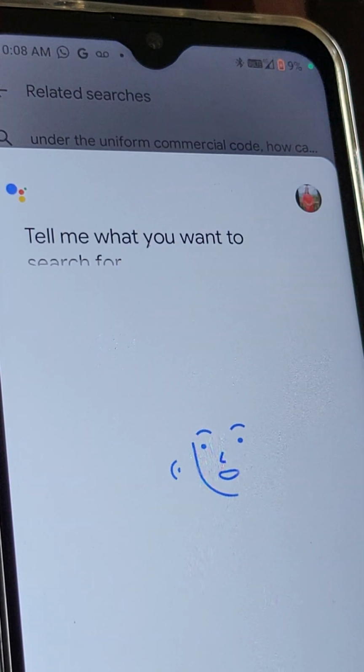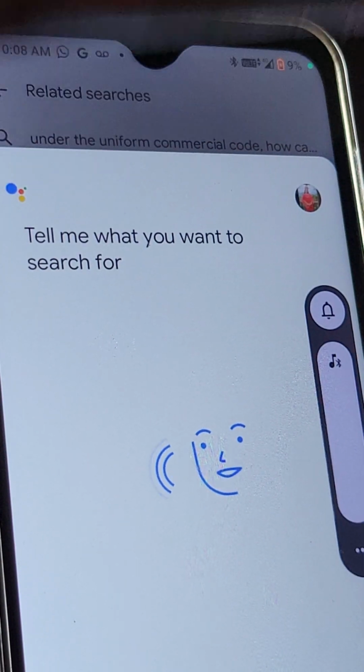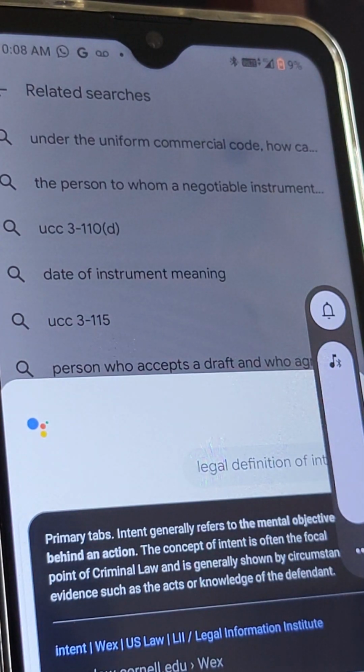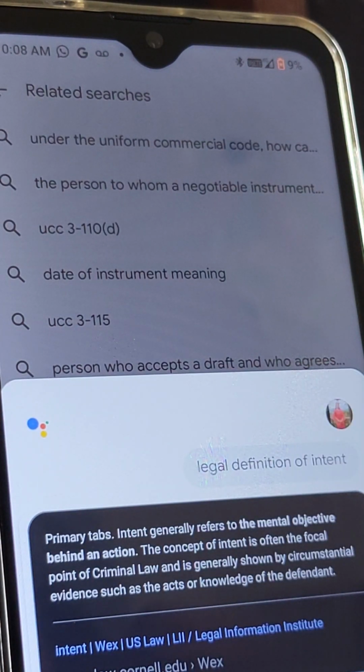Legal definition of intent. Intent generally refers to the mental objective behind an action.